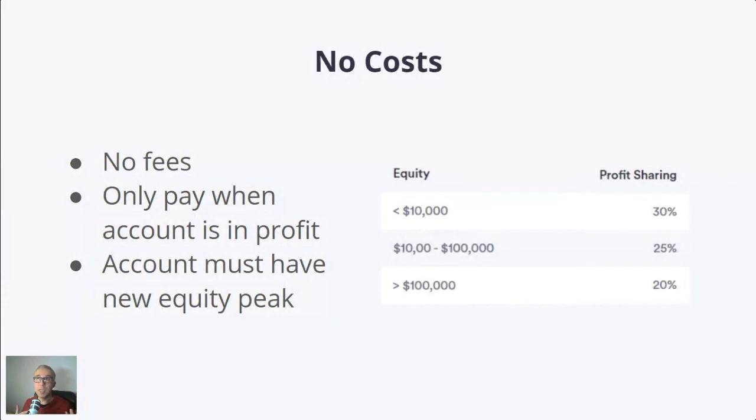So that keeps the profit sharing model honest and robust, and you know that there's only going to be profit shared when you go into new territory. The profit sharing percentage goes to the trader, to us, and the rest, of course, goes to you, obviously. So I hope that example was clear. As long as the account is not in new positive territory, nothing is shared.